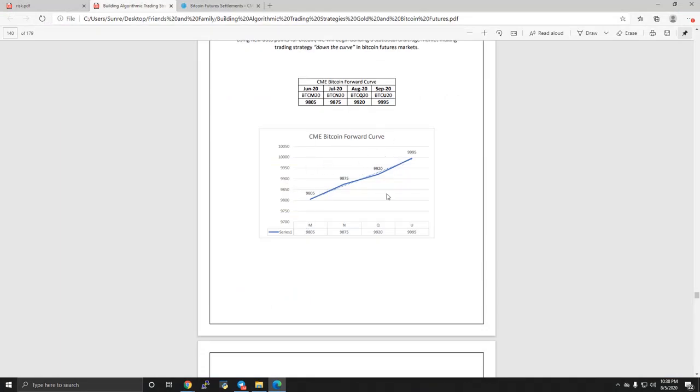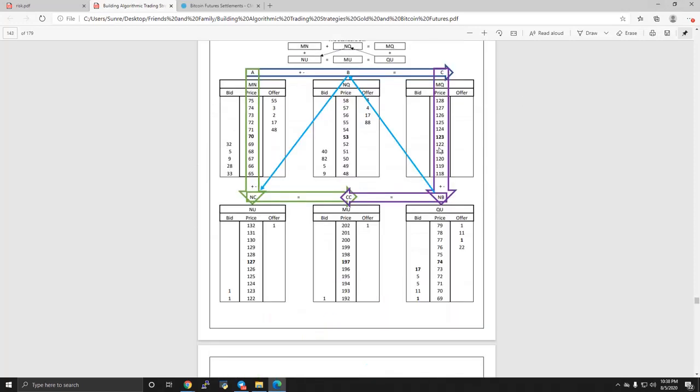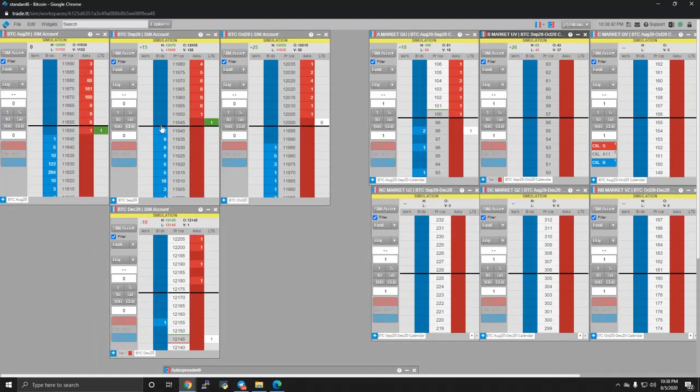We have 4 months listed in the book, and if you come down, we have the listed calendar spread forward curve that's showing all of the months, and that's what we're seeing here. And then we have our standard 6, and that's what we're looking at right now in the simulator. Outright markets, standard 6, and now we're going to become market makers in Bitcoin futures contracts down the curve.